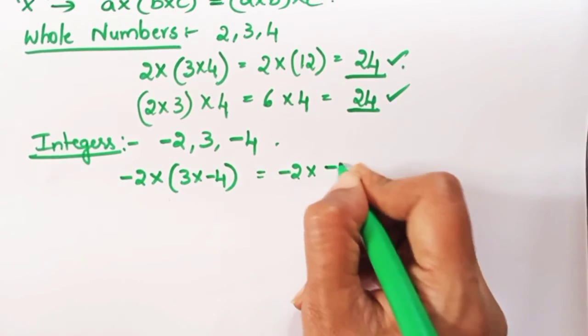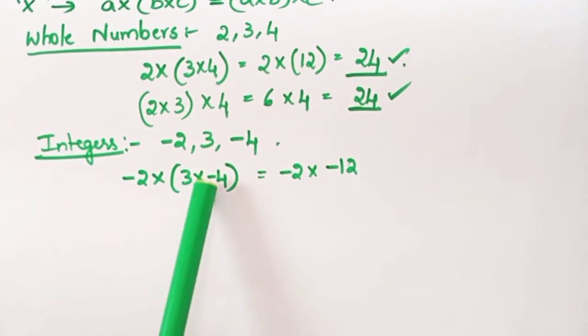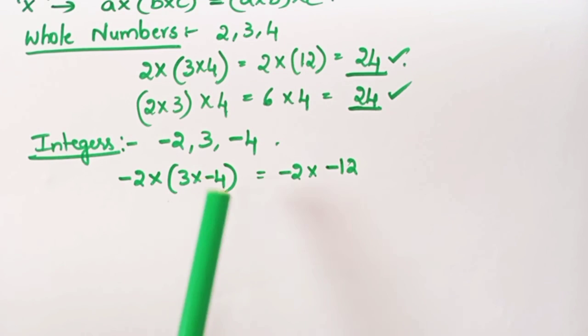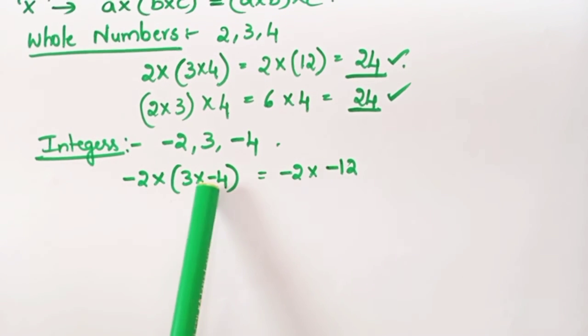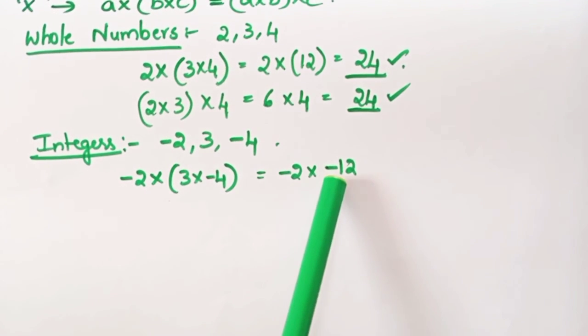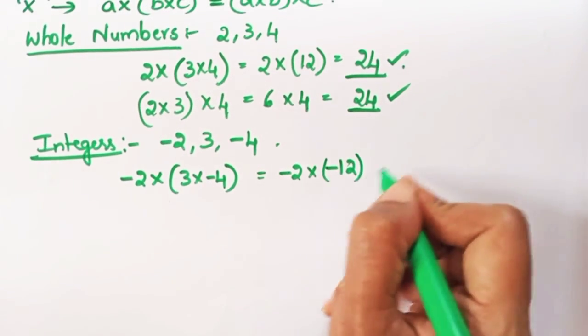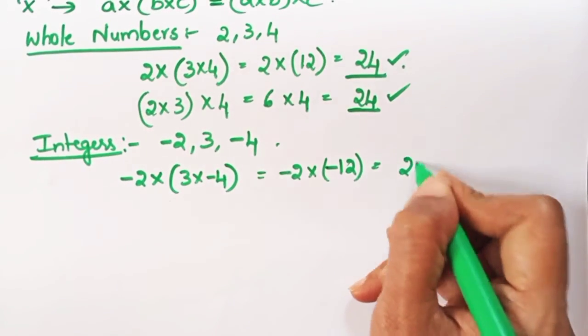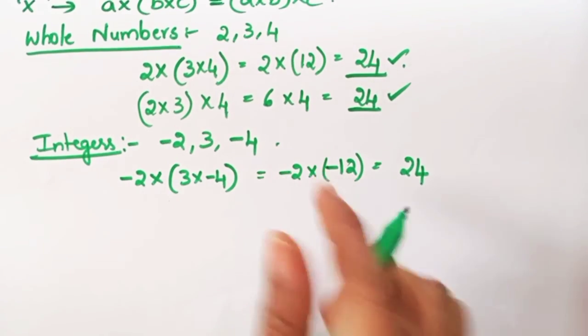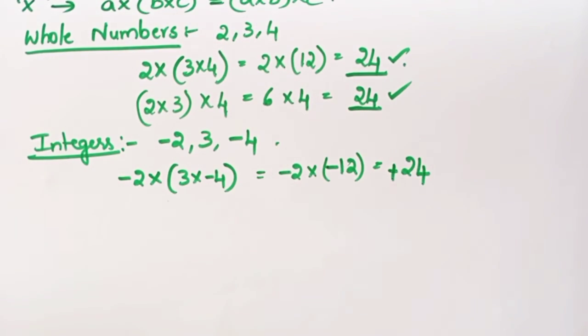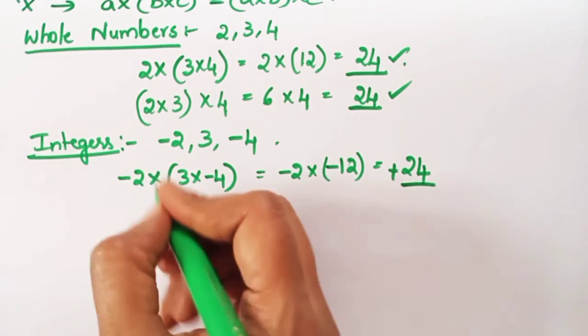But -12. Because plus into minus will always give a minus. Plus into minus, minus. So you will get a -12 here. 12 into 2, 24. Minus into minus, plus. So the result is plus 24. This is my first case.